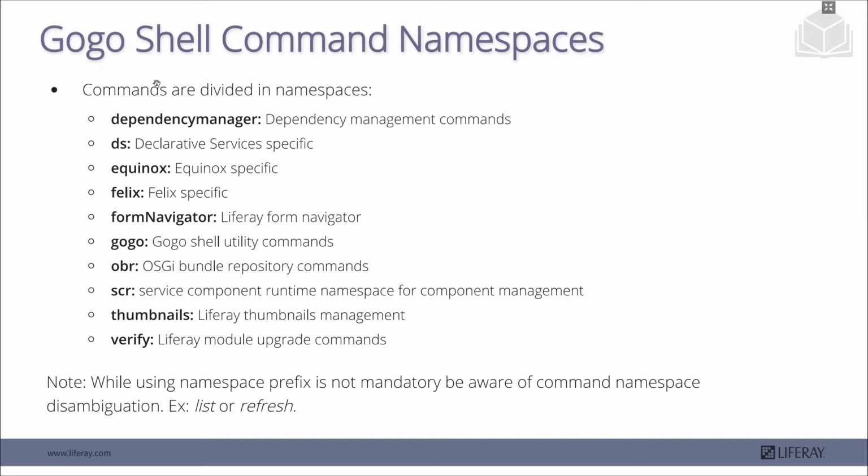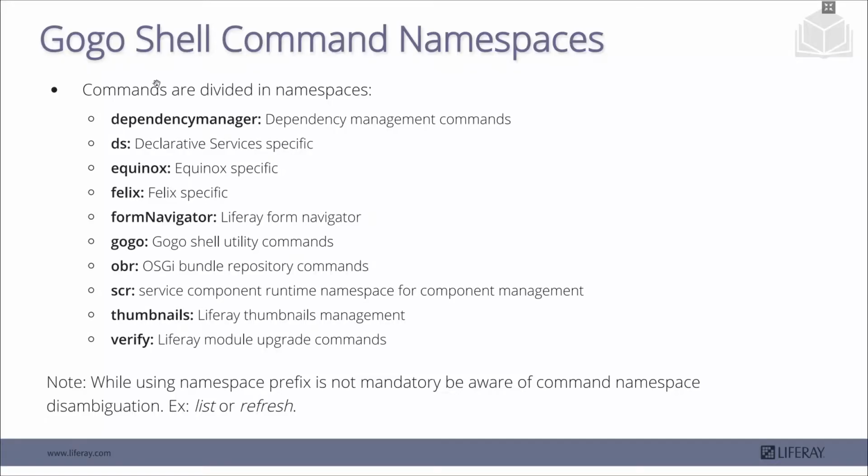Based off of that scope, we can safely assume that the commands associated with dependency manager do just that, help us with dependency management. Things like Felix or Gogo or SCR, each one has a set of commands used for a specific use case or for a specific reason. So we have a full exhaustive list here.